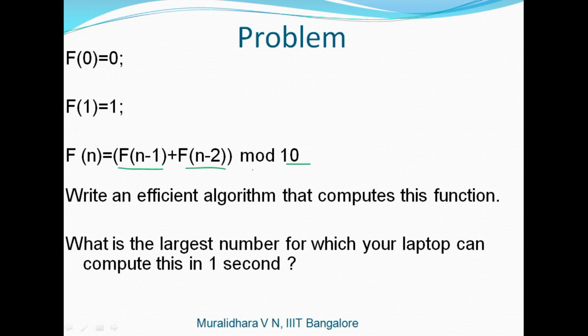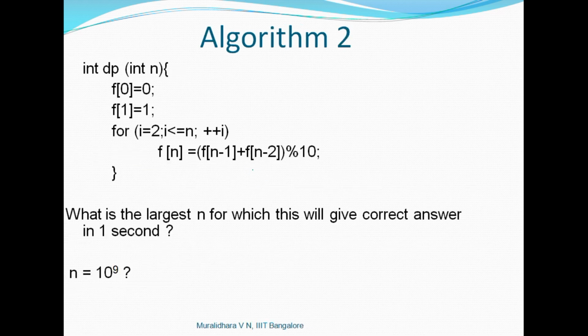Instead of going for recursion, we can just add the two numbers. So in other words, f is an array, f of 0 is defined as 0, f of 1 is defined as 1, and for i equal to 2 to n, f of n is declared as f of n minus 1 plus f of n minus 2 modulo 10. So when you do this, this is exactly what we want.